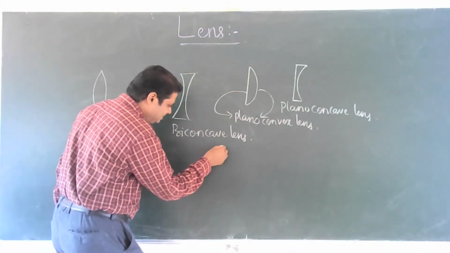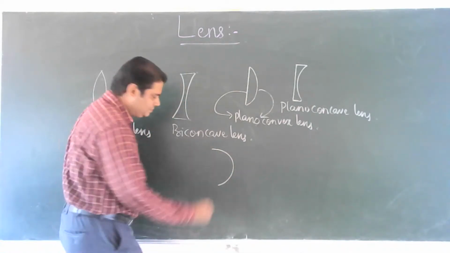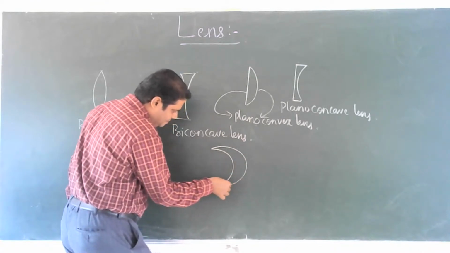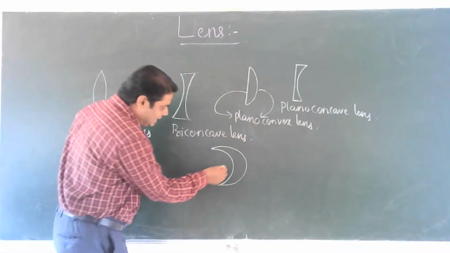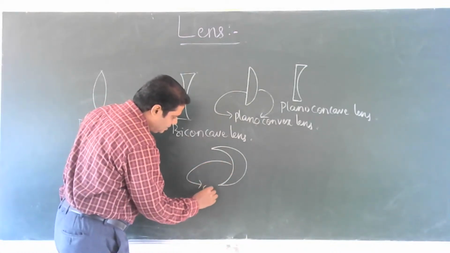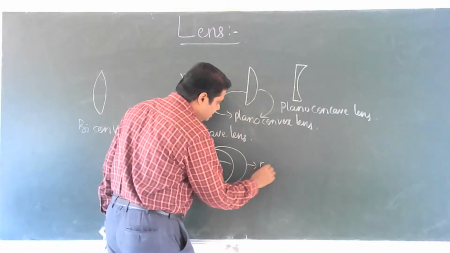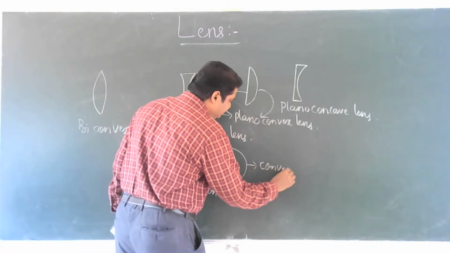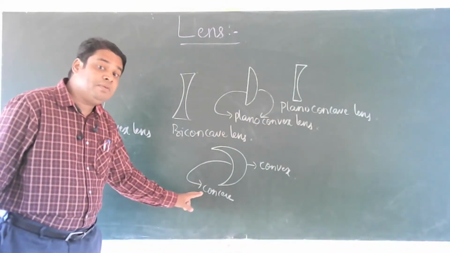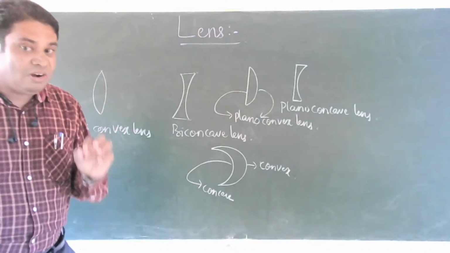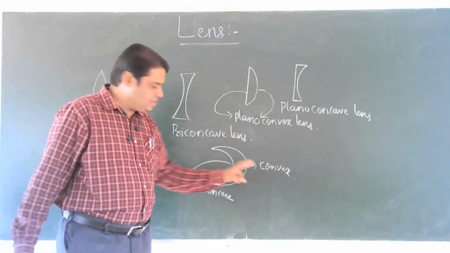And now, see, this is also a kind of lens. This surface is concave in nature. This surface is convex in nature. So the name of this lens will be concavo-convex lens.